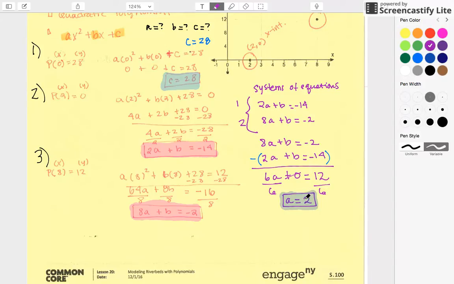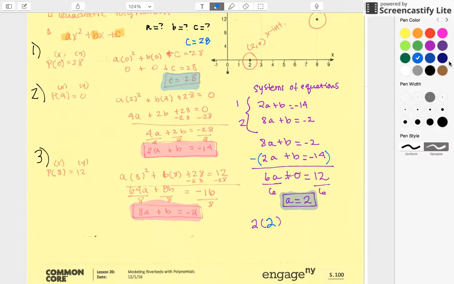Now we can find b by substituting a back into either equation. We can go ahead and do that for the first equation. So I'm going to do 2. I'm going to leave space. That's where I'm going to write 2 in there. So 2 came from a.